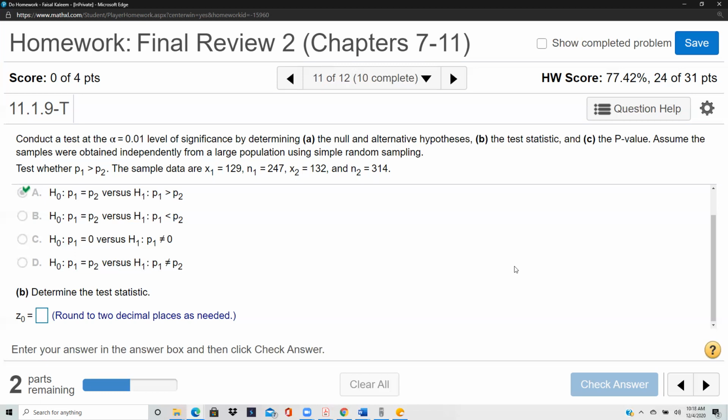Variance stats when it's standard deviation or variance. And proportion stats when it's a proportion. So what are we testing here? A proportion since they're p's. Yeah. Okay.